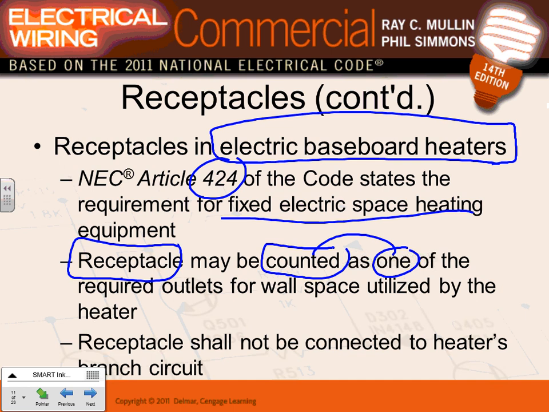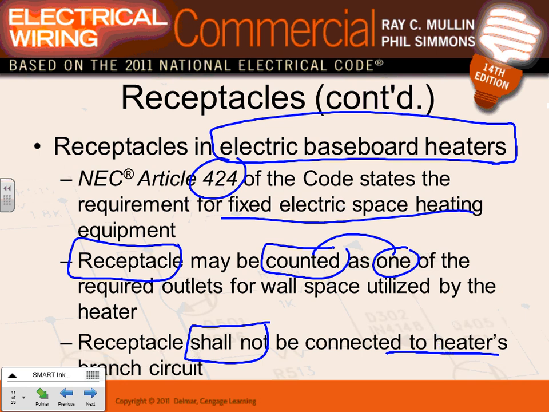And one thing: it shall not be fed from the circuit that feeds the heater. I know we talked about this one before. So if you have a baseboard heater in a commercial building or residential, you have a circuit that feeds the heater and another circuit that enters the frame of the heater to feed just the receptacle.